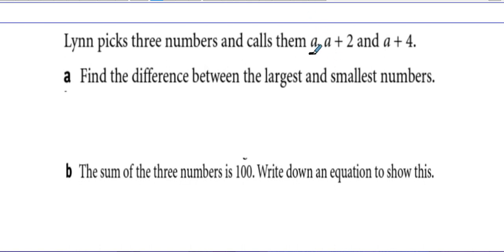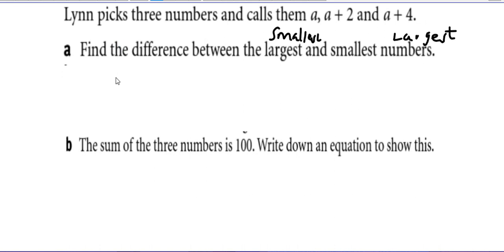So that means this number here will be the smallest. This number here will be the largest. Because the largest number here will be A plus 4 and the smallest number here will be A.